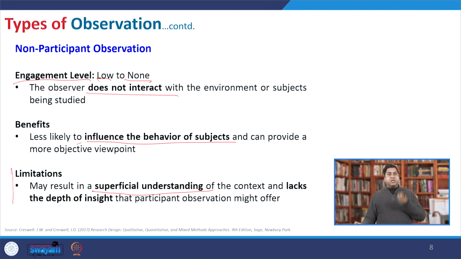If the observer puts in a perspective and then tries to portray the activity, then there might be some kind of bias, and then maybe the data collection will not be accurate. So that is why it is saying it may result in a superficial understanding of the context and lacks the in-depth insight that participant observation in the previous case can provide.